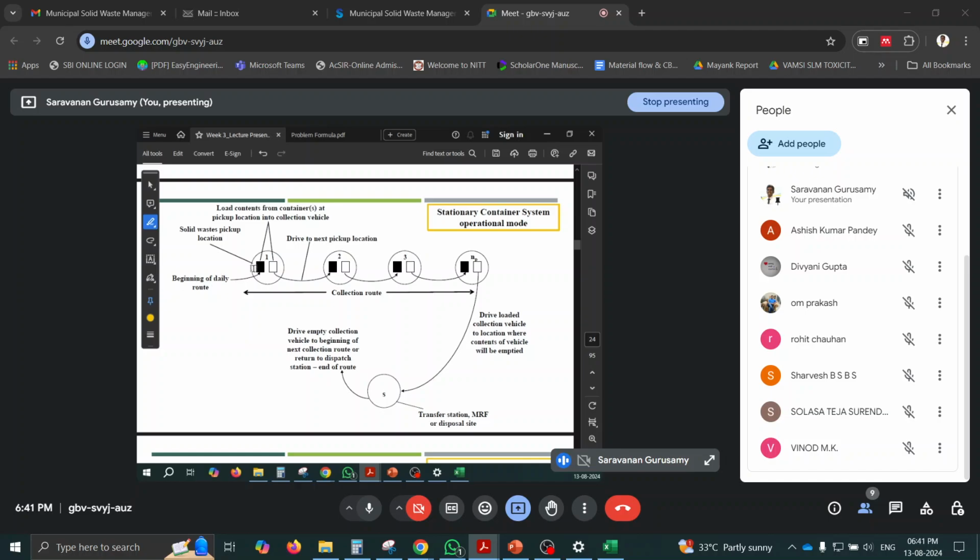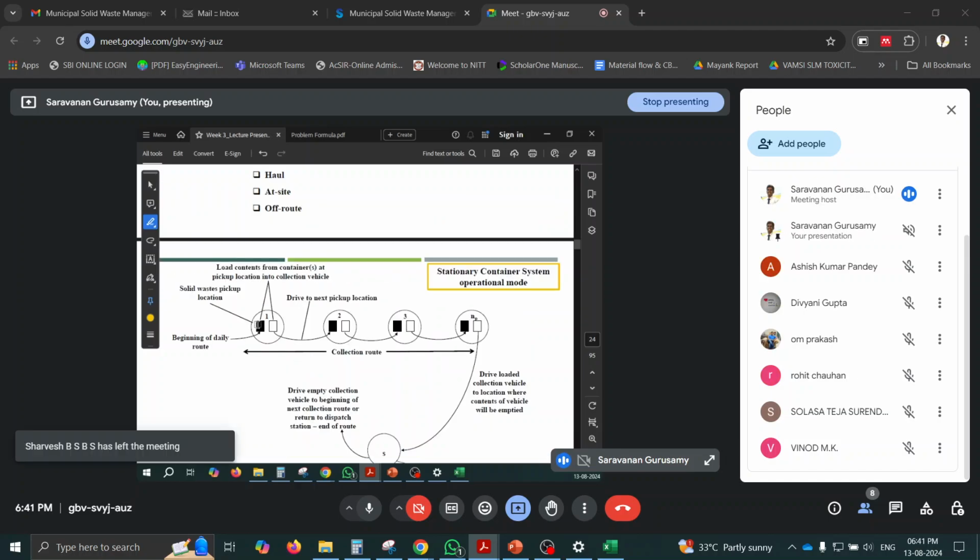But pickup time will be like this: we have to empty the first container into the vehicle, keep the container back in its original place, and go to the next location. Here the travel time between each location will also be considered, dbc. Then we have to empty the second container, place the empty container back, and move on to the third location.